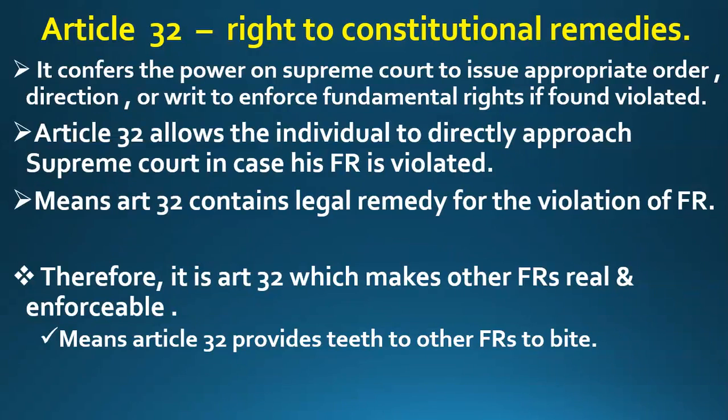If the government violates your fundamental rights, then you can directly file a case against the government in the Supreme Court of India. It means that Article 32 provides teeth to the other fundamental rights to bite.